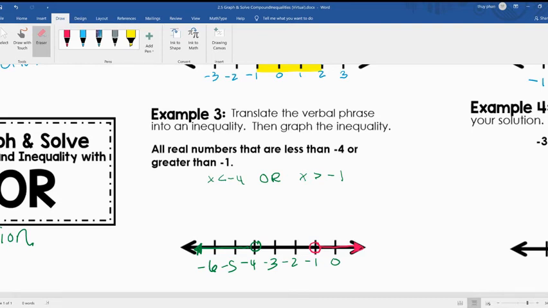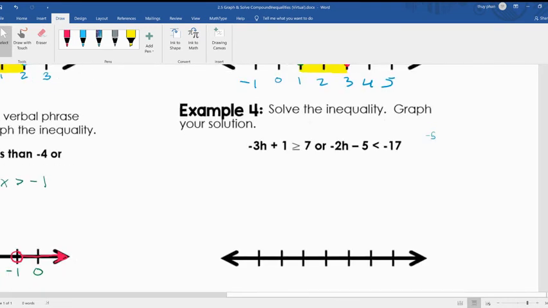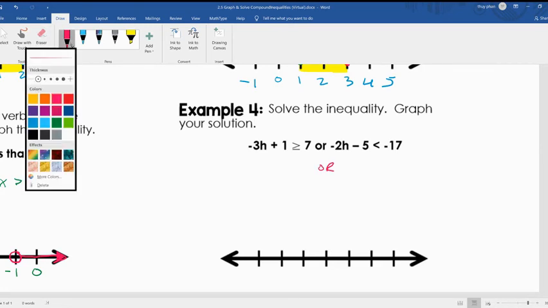Let's take a look at the next problem. So we are going to go ahead and solve this one. This is an OR. So ORs are left with the word OR in between. So please make sure you write OR. Okay, so we are going to solve for this.